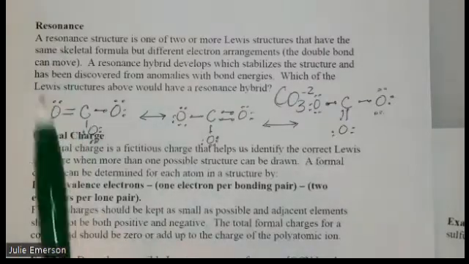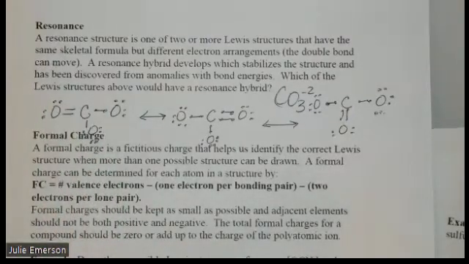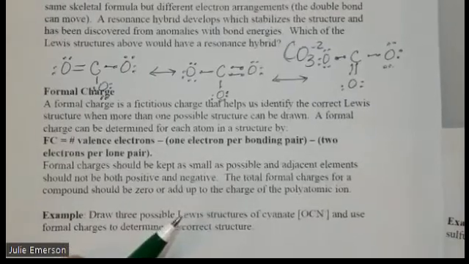Okay, so that's resonance. Formal charge, this is new. We didn't talk about this in the intro. A formal charge is going to help us understand sometimes, and this actually goes back to Adam's question, what he noticed about how carbon is only bringing in 4 electrons, but now it looks like it has 5.